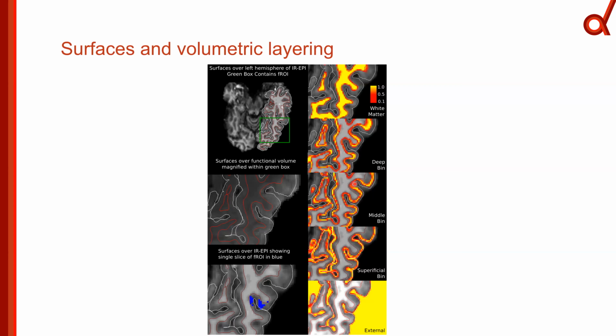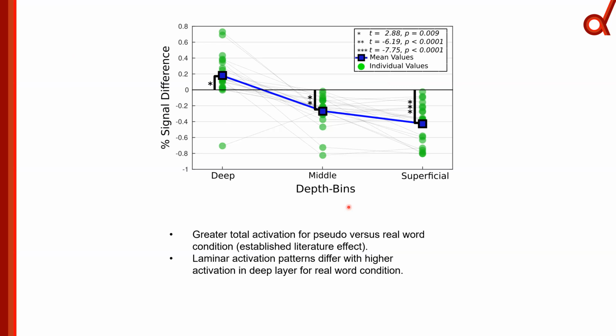And just to give you a feel for the data, these are the surfaces. This is the data with the boundaries sketched in. This is the ROI in blue for one subject. And this is the layering: white matter, deep, middle, superficial, external. So this is the contrast real minus pseudo word.